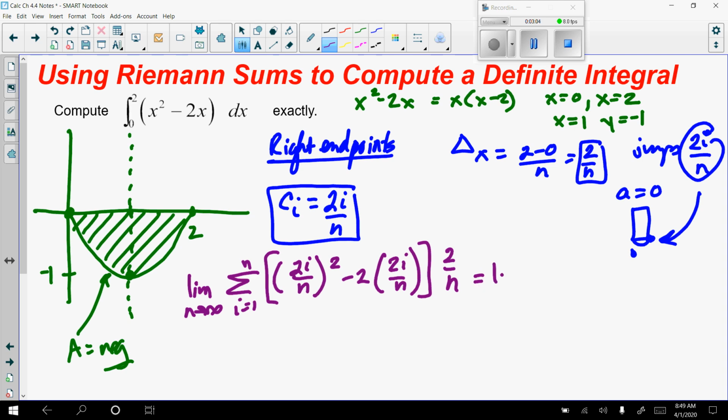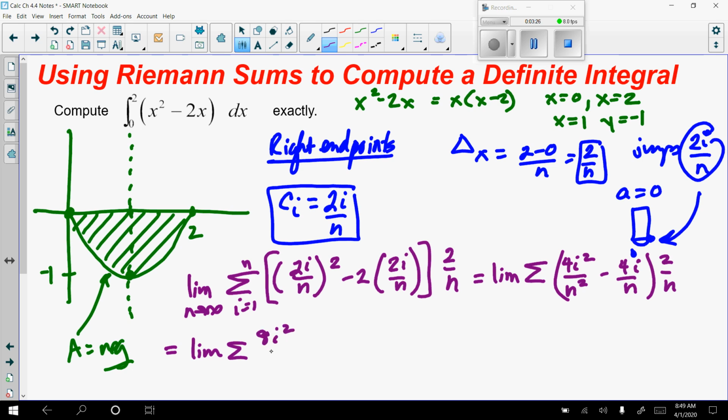This becomes the limit of my sum of 4i squared over n squared minus 4i over n, all of that times 2 over n, which is equal to the limit of the sum of 8i squared over n cubed minus 8i over n squared.